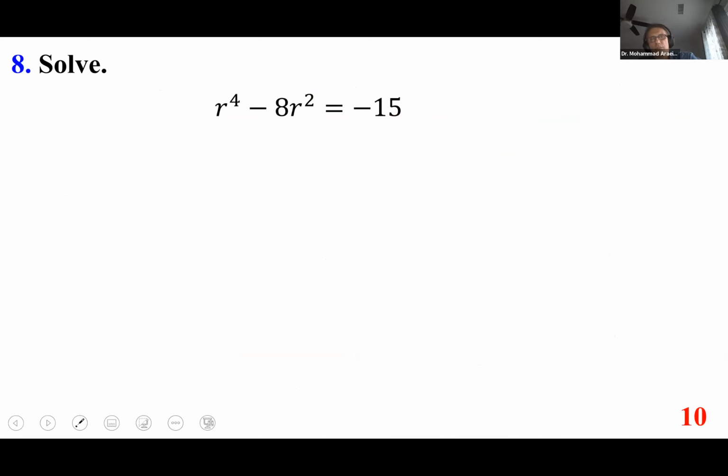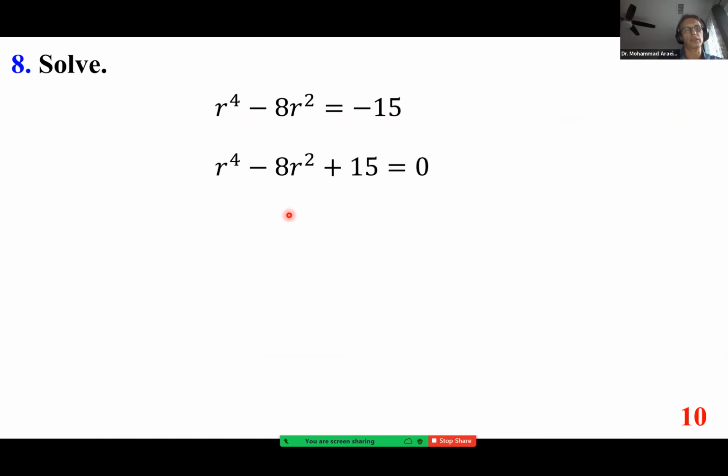We bring them to the same side. We have a choice of solving it just the way it is, or if you let r squared be anything you want, such as x, let's say, then you're looking at x squared minus 8x plus 15 equal to 0.